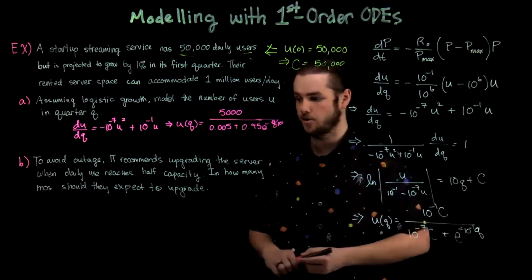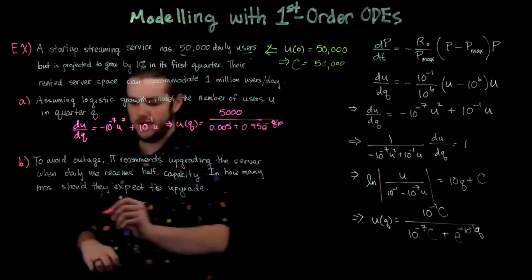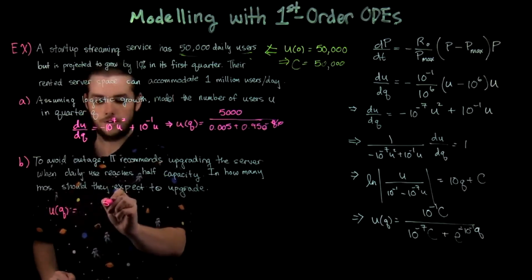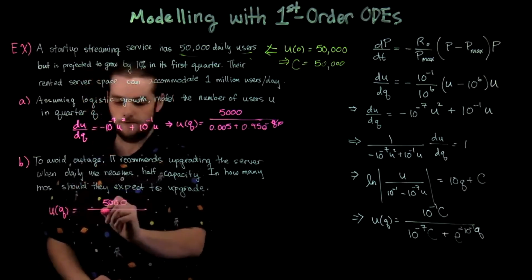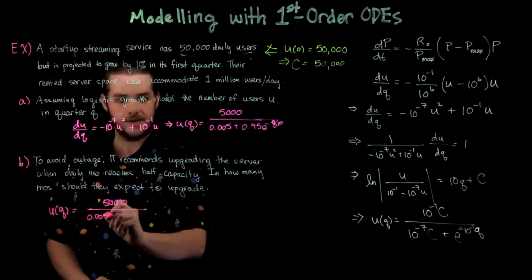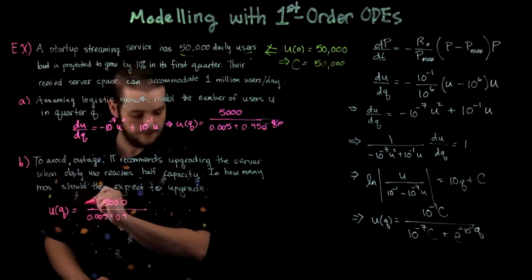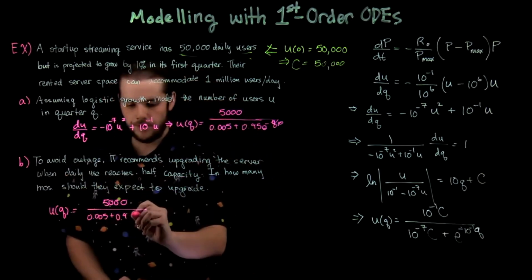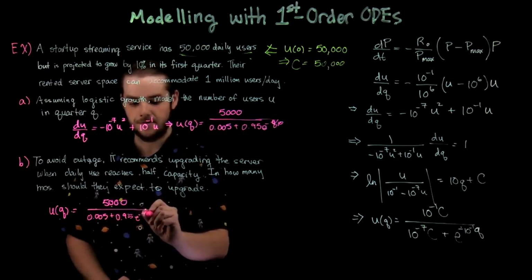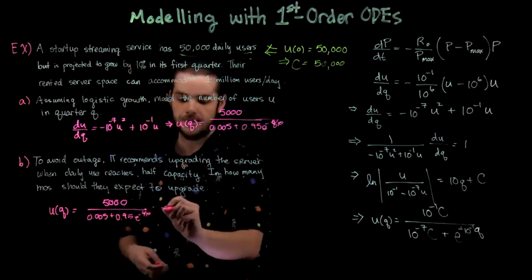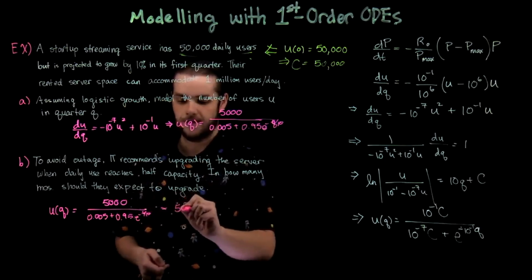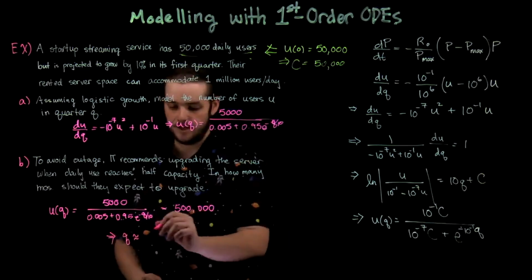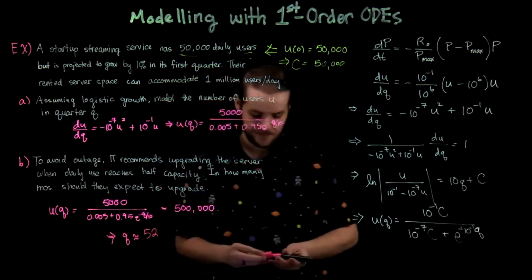Well, according to our model, that's going to happen whenever the total population, which I suppose we can write down again as 5,000 over 0.005 plus 0.95 e to the negative q over 10, whenever that population is equal to 500,000. And this tells me that q rounded to the nearest integer is about 52 quarters. So we've got some time.